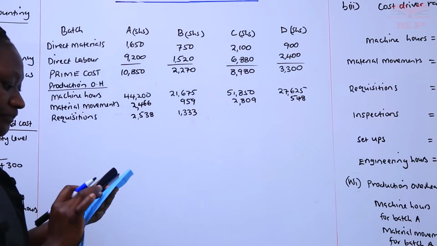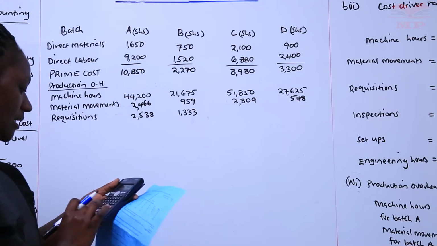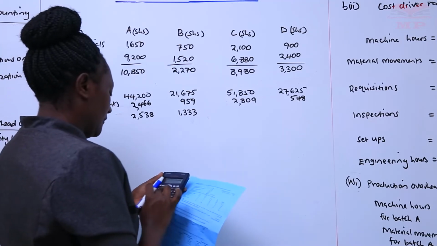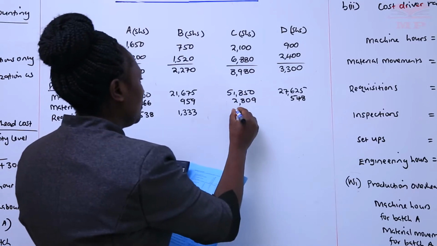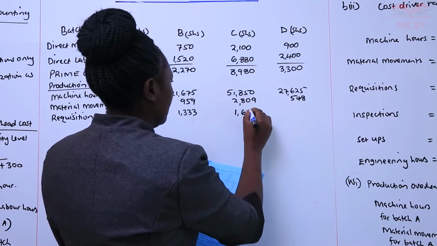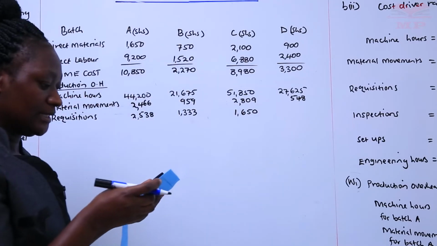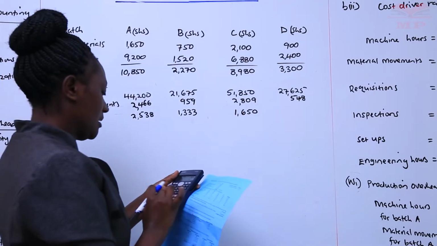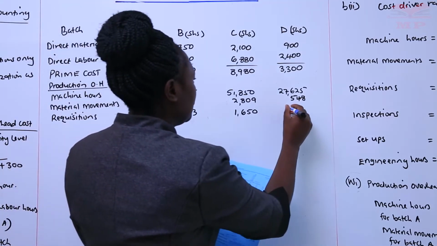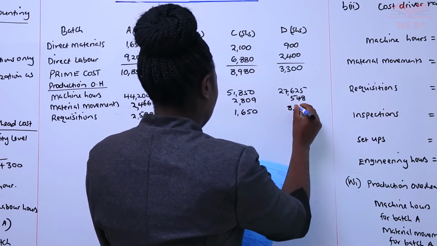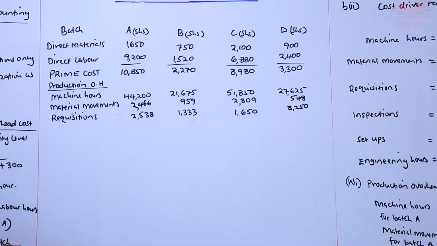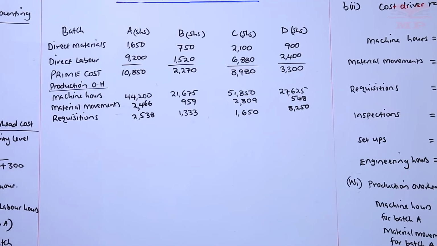Then for C, the requisitions were 26, times 63.46. When you multiply, you'll get 1,650. Then for D, the requisitions were 130. This will give us 8,250. I can use this other side.